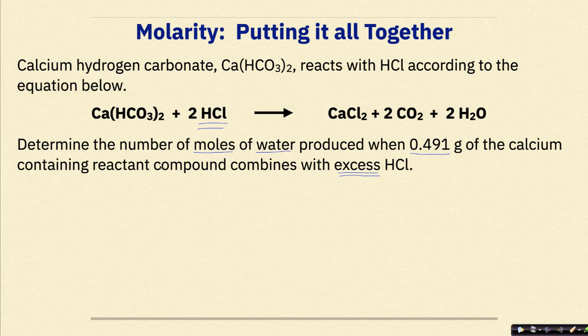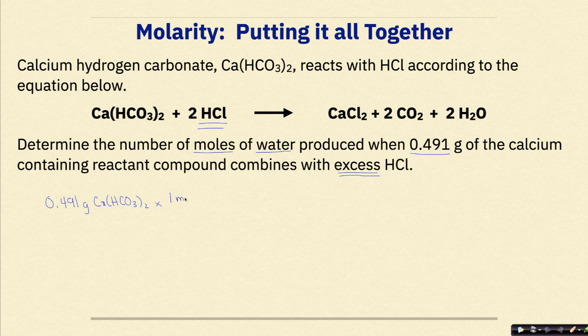So what's the one number that they give us to start with? Well, it's 0.491 grams of Ca(HCO3)2. And if I go with my mantra for AP Chem and I'm in grams, we all know that we need to convert to moles. So now I need to get into moles of calcium hydrogen carbonate.